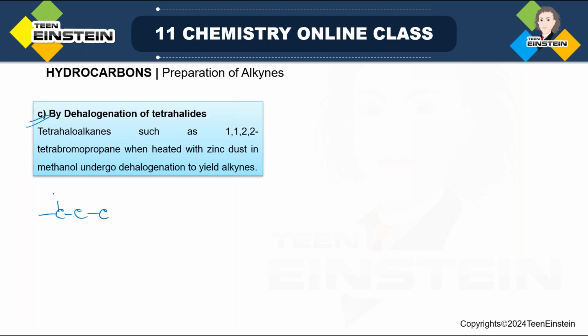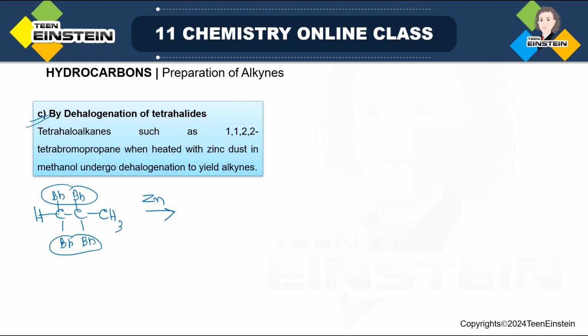Now suppose I put bromine at 1 position, then at 2 position I put 2 more bromines because it is 1,1,2,2-tetrabromo. And this is CH3, and we have H here: CH3CBr2CBr2H. We are treating it with zinc dust. Now what will happen? These two Br and these two Br will be removed in the form of ZnBr2.